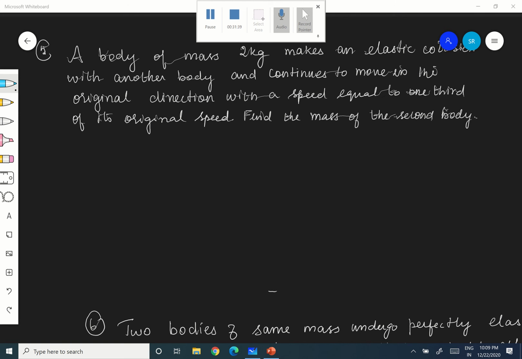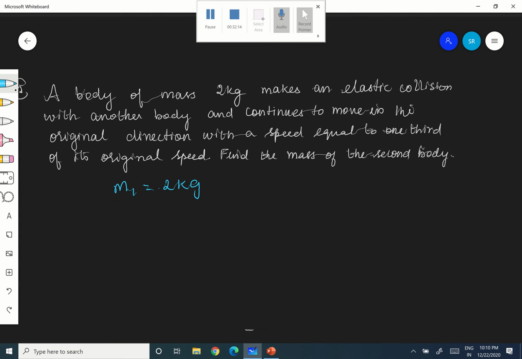A body of mass 2 kg, the first body. One more thing is missing here: the other body is at rest. Very important, at rest.